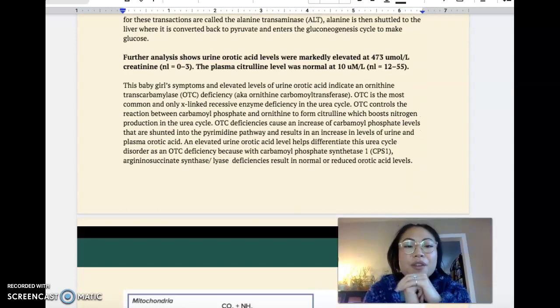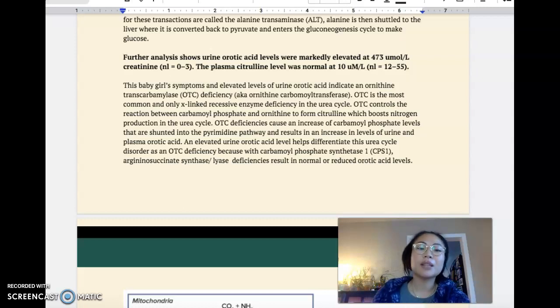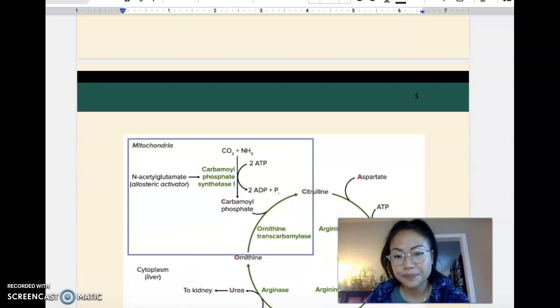It seems like further analysis shows urine orotic acids are elevated and plasma citrulline levels are normal. So this baby girl's symptoms and elevated levels of urine orotic acid indicate an ornithine transcarbamylase deficiency.